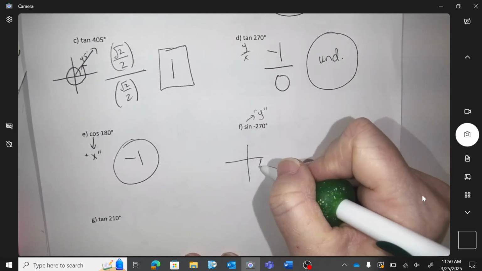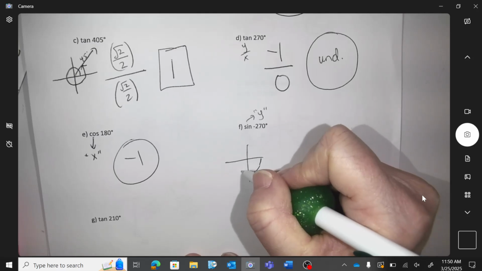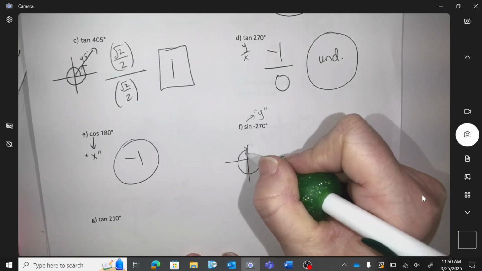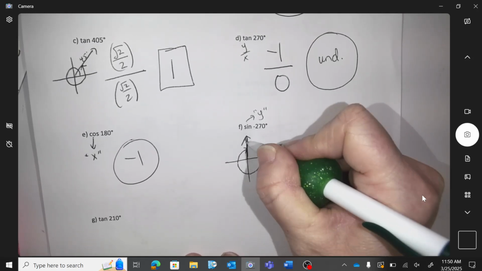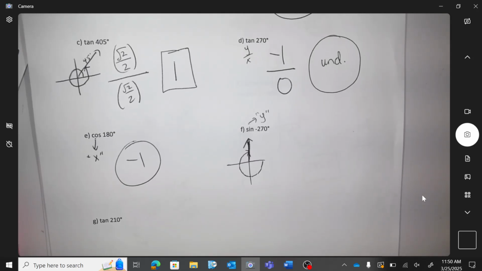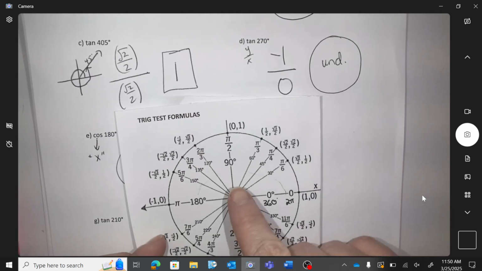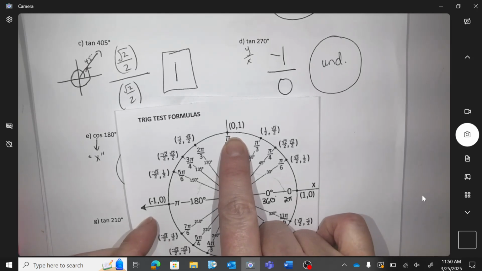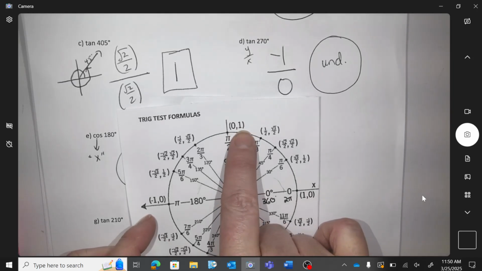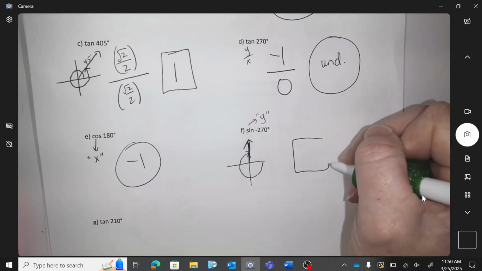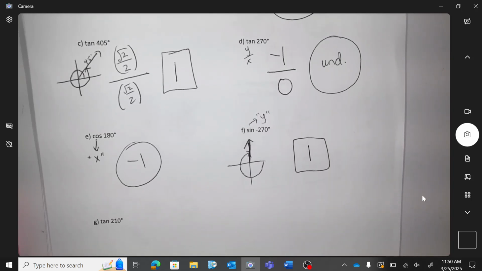So if I dropped backwards, I would land up top at 90. And looking at 90 spot, what is the y value? 1.